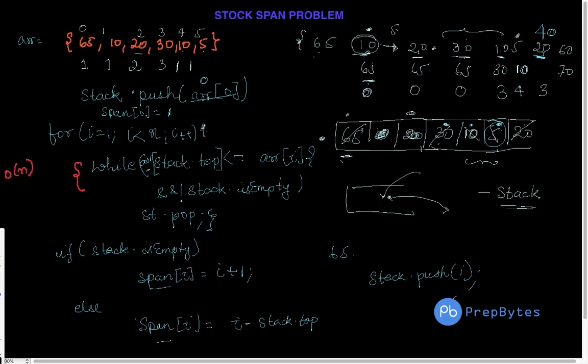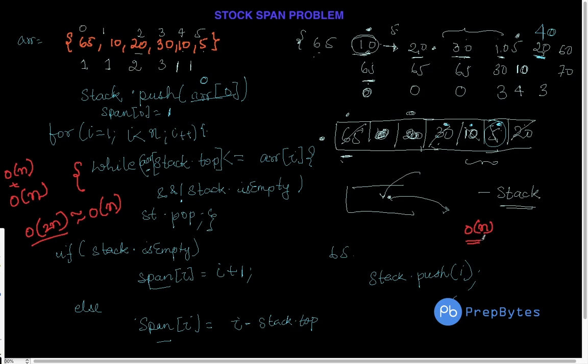The time complexity for this loop is going to be O(n), so the total time complexity is going to be O(2n), which obviously is O(n). And if we talk about the space complexity, it is going to be O(n). So this is how we can solve this particular problem.